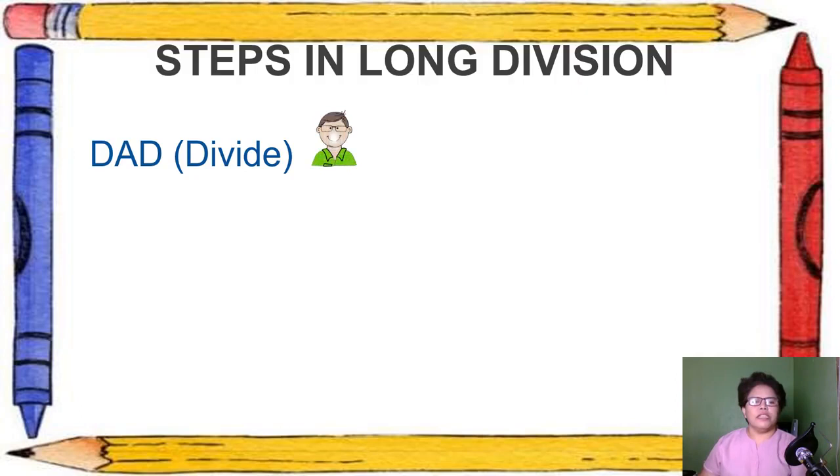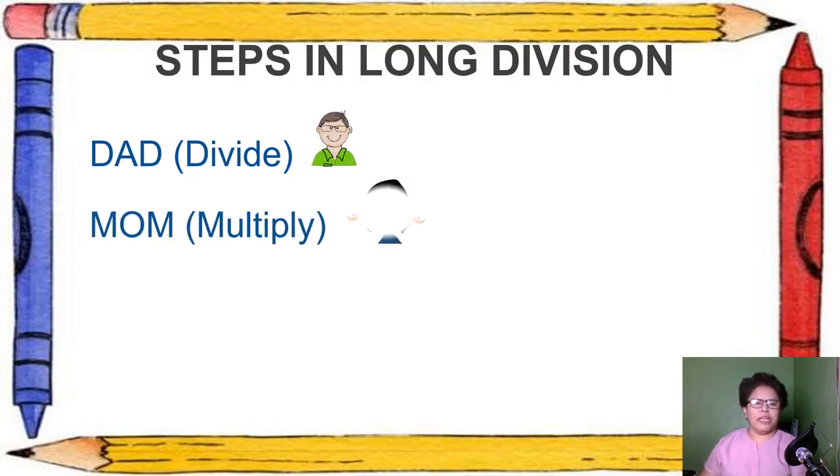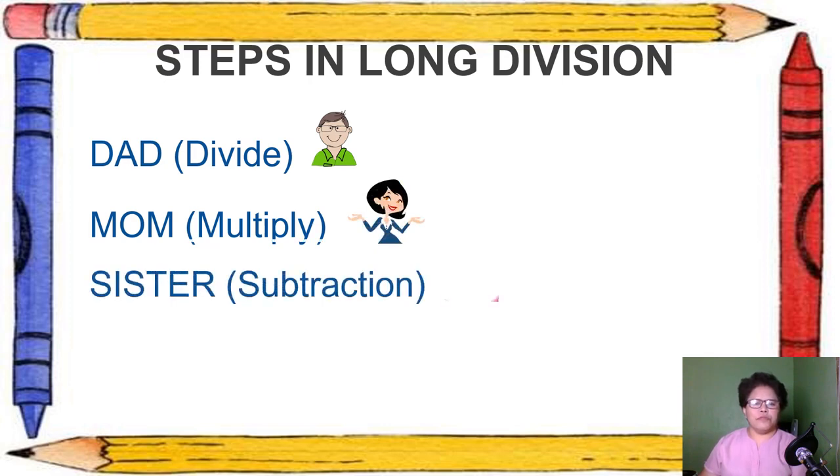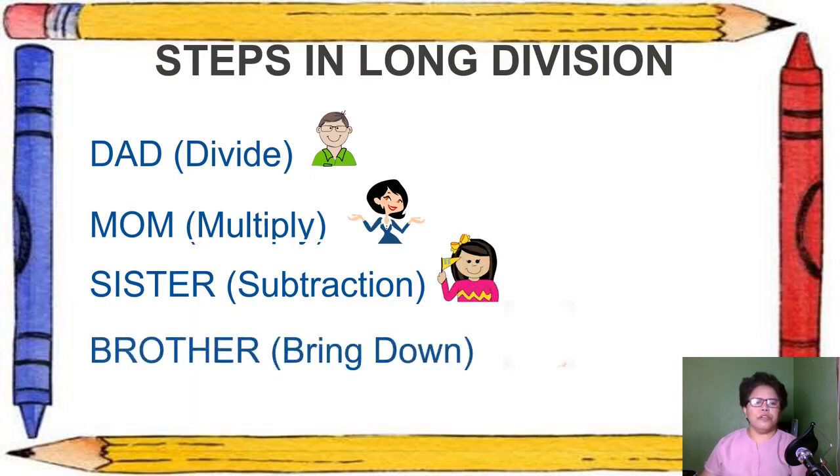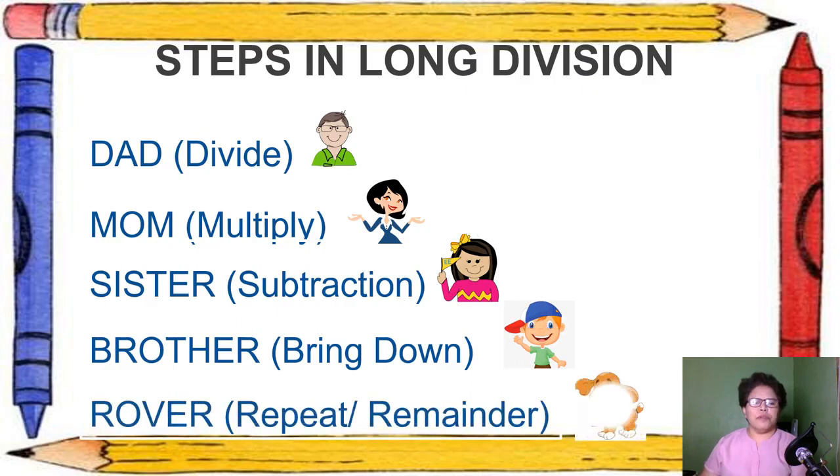And then, we have mom for multiply, sister for subtraction, brother for bring down, and rover for repeat or remainder. Ito lang yung mga steps na tatandaan natin sa long division para hindi tayo mahirapan sa division in decimals.